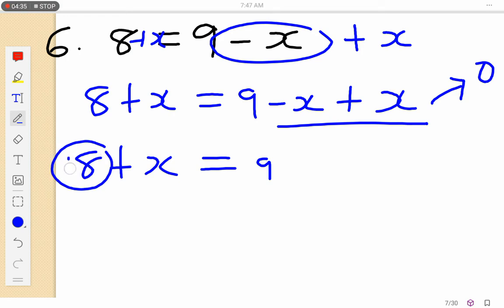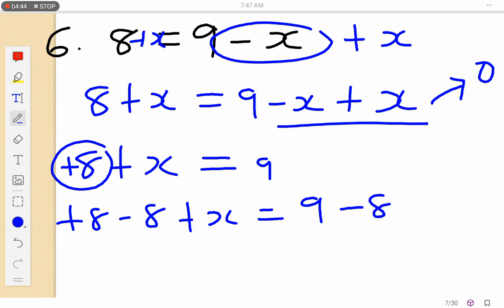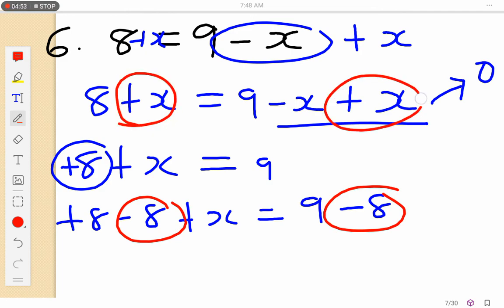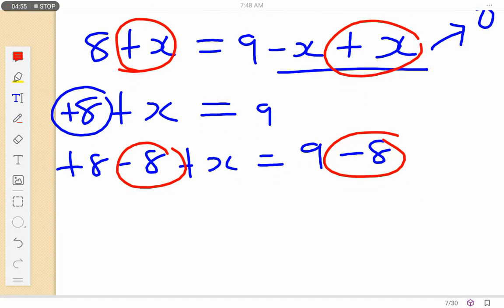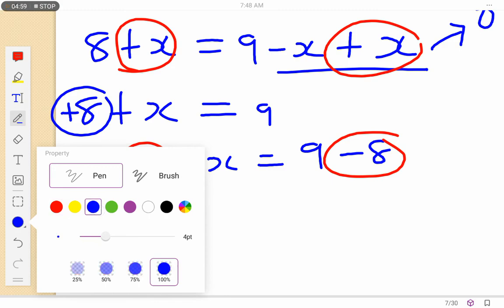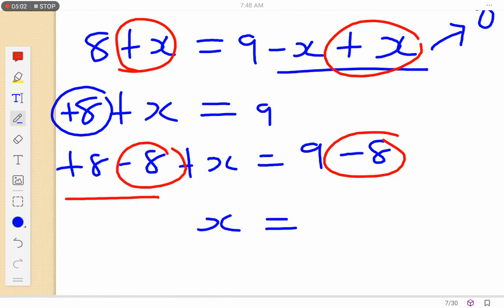This one is plus, so I can simply say plus 8 minus 8. I've added minus 8 to both sides, just the same way I did for plus x. On the left side I get a 0 and remain with x, so x is equal to 9 minus 8, we get a 1. This is the first method.